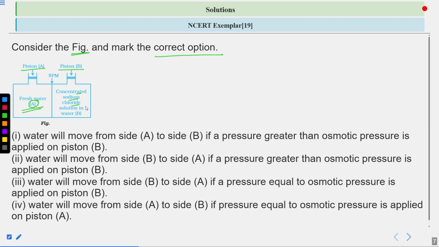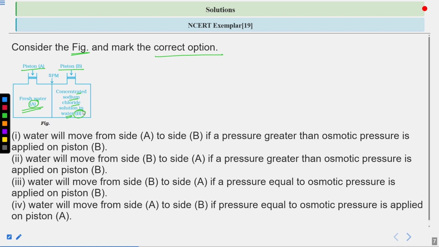That means the solute is NaCl, concentrated NaCl, and the solvent is water in the B container. Okay, piston A, piston B, fresh water A, and concentrated NaCl in water as B.